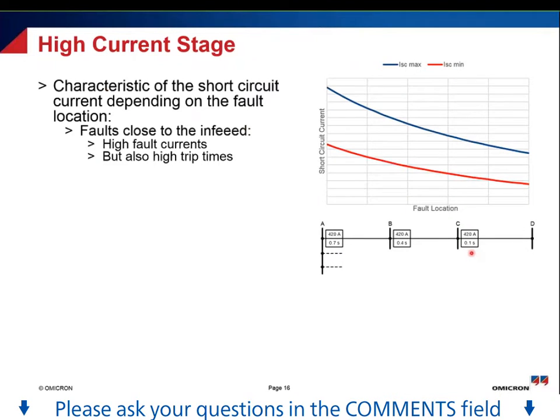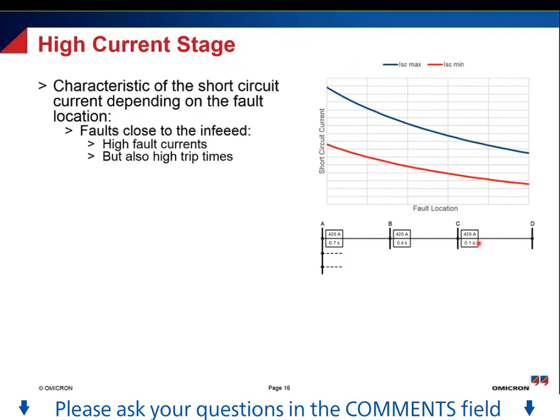Now to another pretty interesting topic, the high current stage. Let's leave aside the inverse characteristics for a moment and have a look at the definite time overcurrent characteristics. Here we have the settings of our protection devices in the feeder.